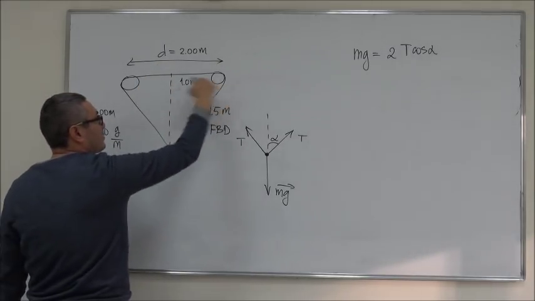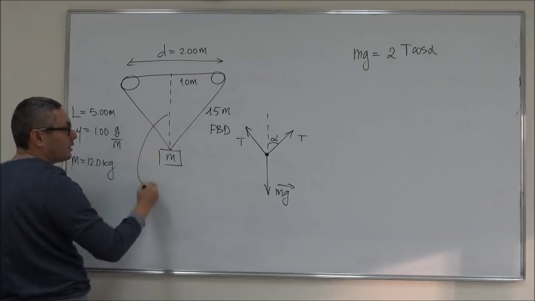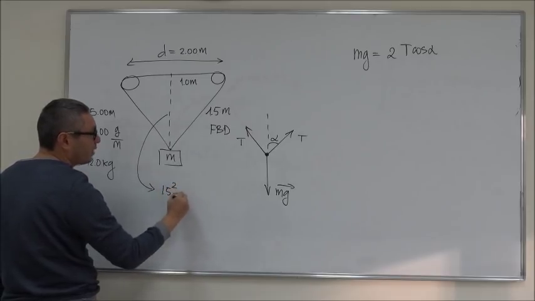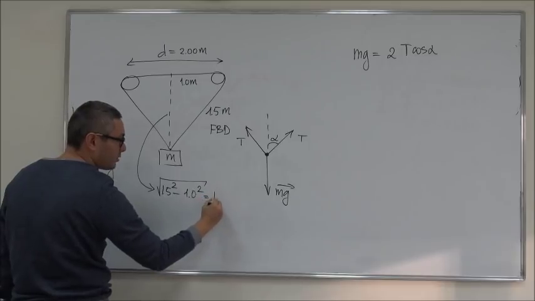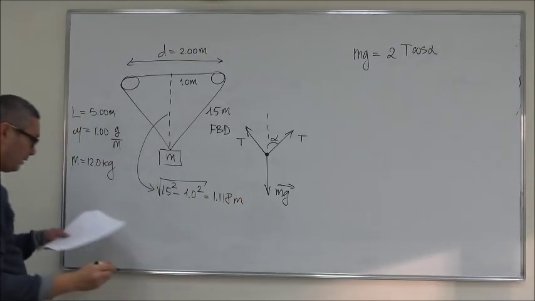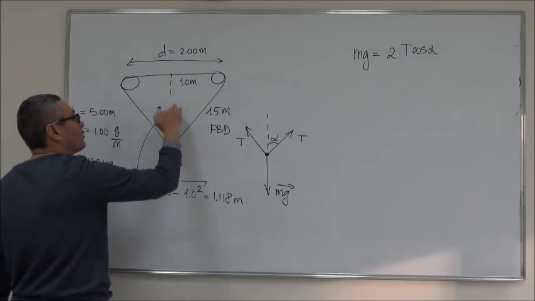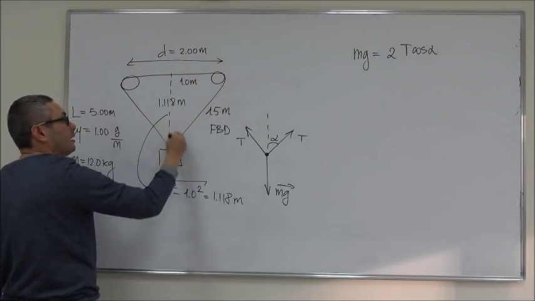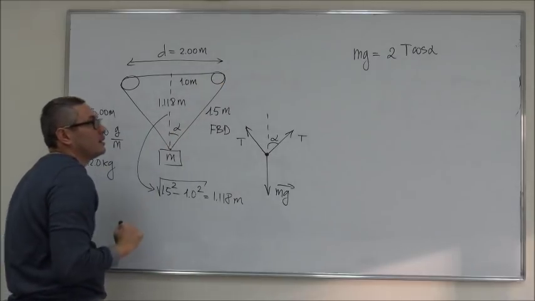Well, if you look at this triangle, then you can use the Pythagorean theorem to calculate for this length. That's the square root of 1.5 squared minus 1 squared. And if you do the calculation, you should get 1.18 meters. Yes, that's correct. So this is 1.18 meter. So cosine of alpha would be this divided by this.